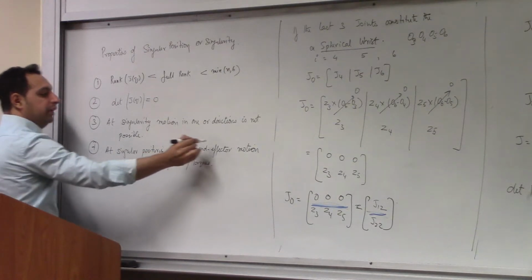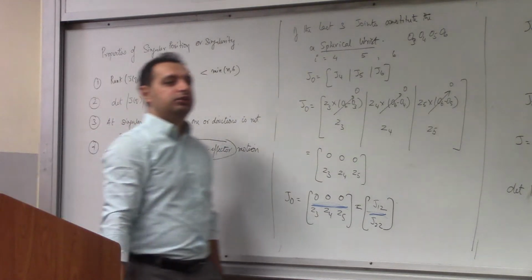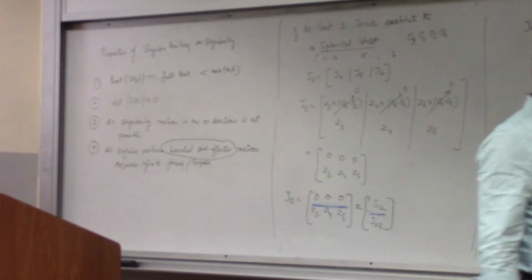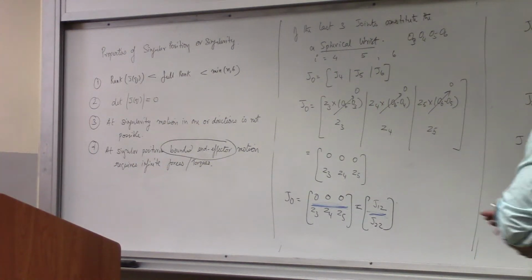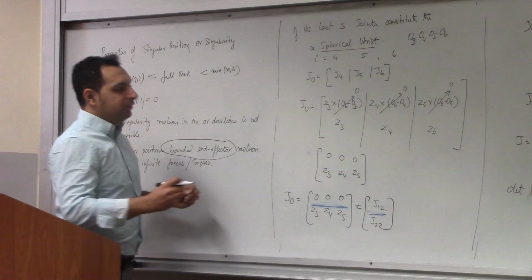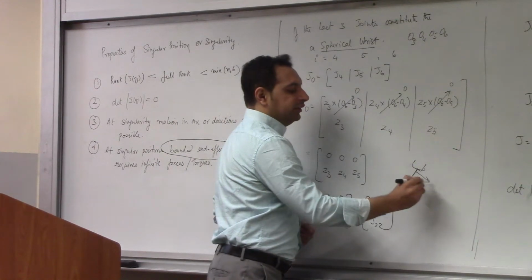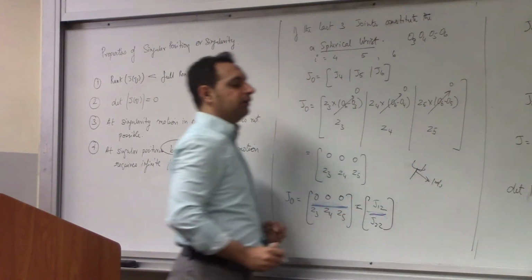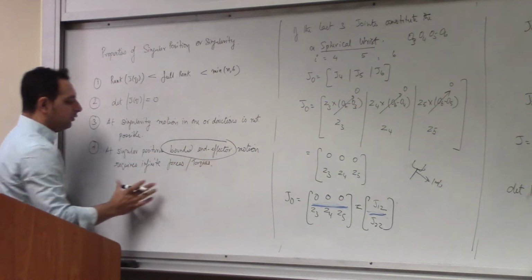What do you mean by bounded end effector motion? What does this mean? Bounded means finite. That means if I'm at one particular posture, like this with my arm, and I want to move in this direction at 1 meter per second or something, that's bounded. That means you quantify it. Bounded end effector motion requires infinite forces.